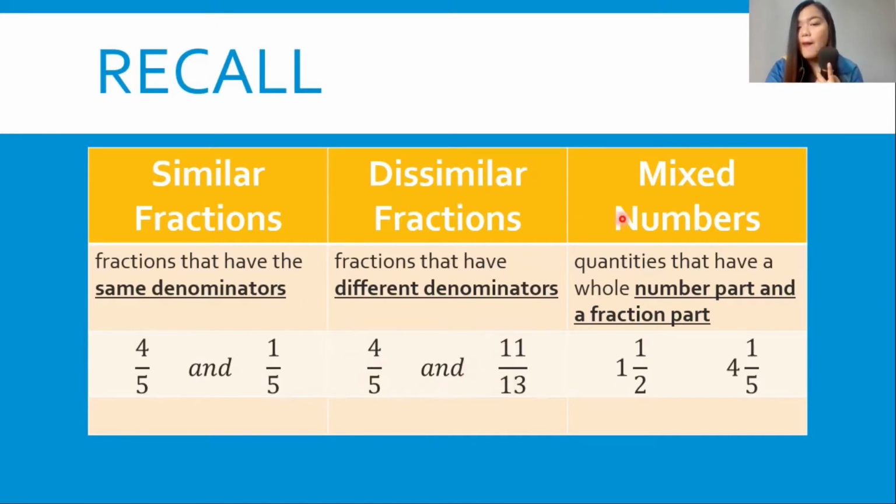Also, when we say mixed numbers, these are the quantities that have a whole number part and a fraction part. Example is 1 and 1/2 and 4 and 1/5. In here, 4 is the whole number and 1/5 is the fraction.